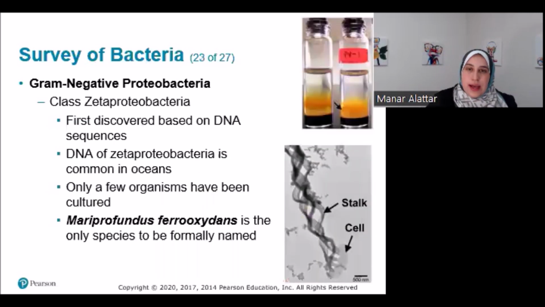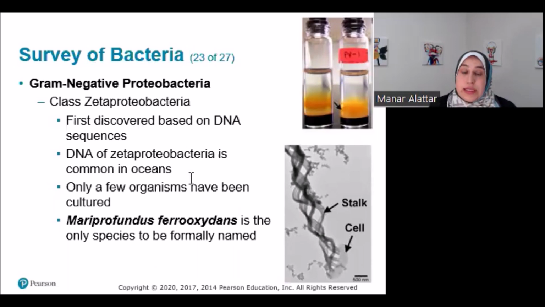And then the last but not least, well, last and smallest, so I guess in a way least, but very interesting, is a class called Zeta-proteobacteria. These are very recent in our understanding. The first discovered sequence within this class was discovered in the mid-2000s.